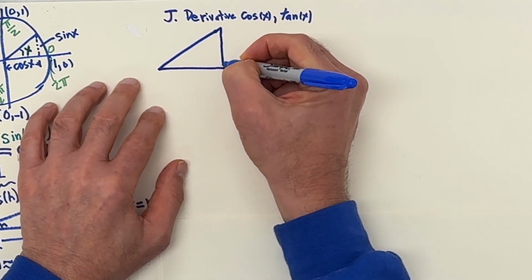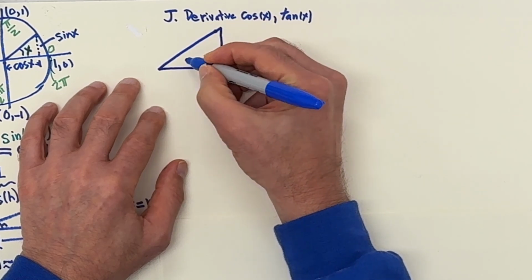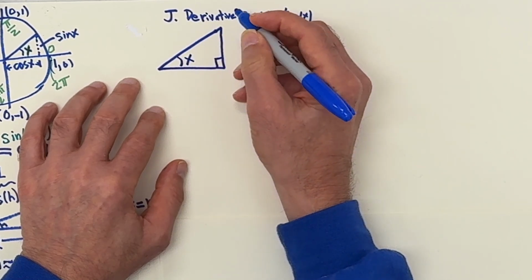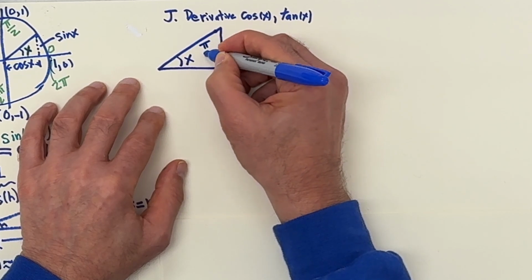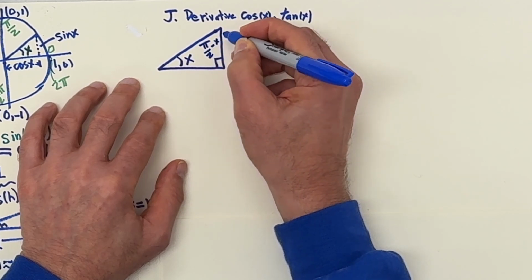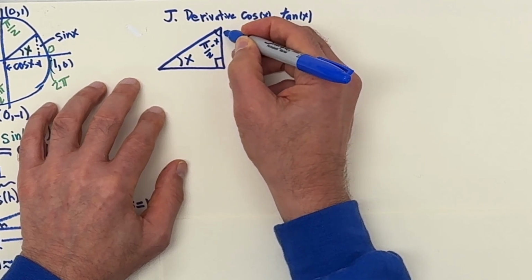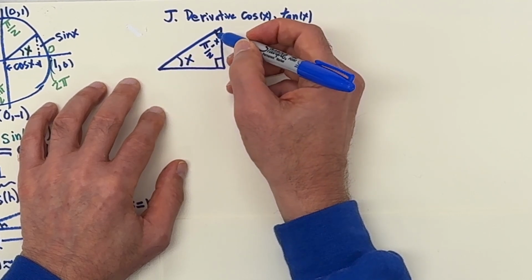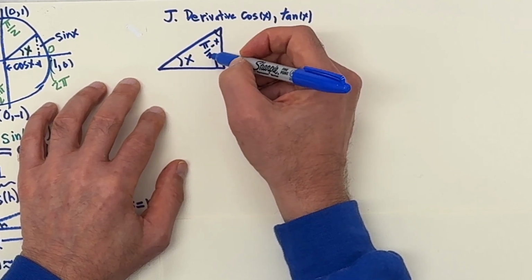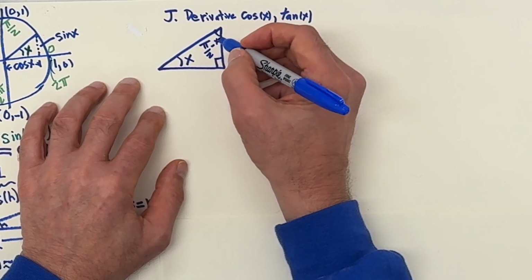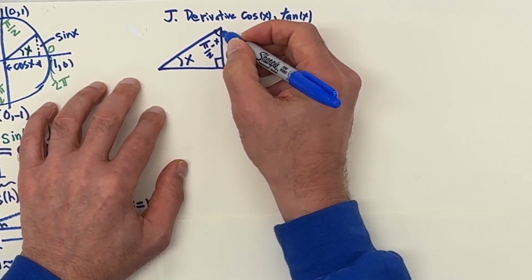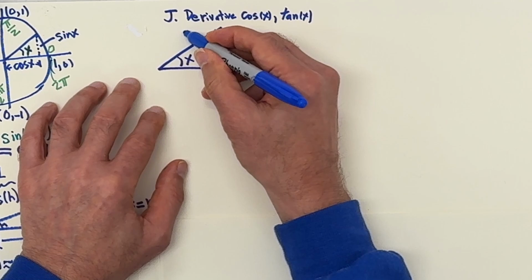If we look at our right triangle and say we have an x here, the angle up here is pi over 2 minus x. These angles are complementary. When you add them together, x plus pi over 2 minus x is pi over 2. And that is 90. And that 90, with this 90, gets you to 180 that you have in a triangle.